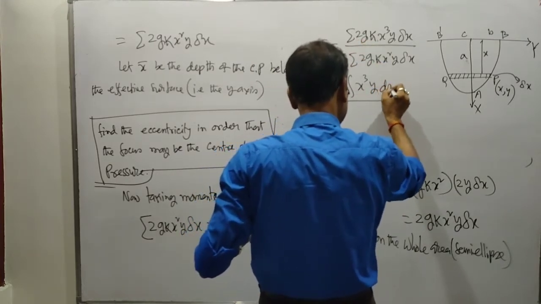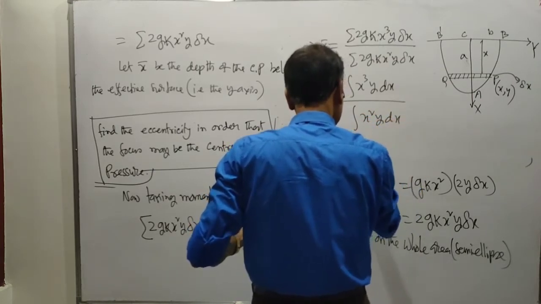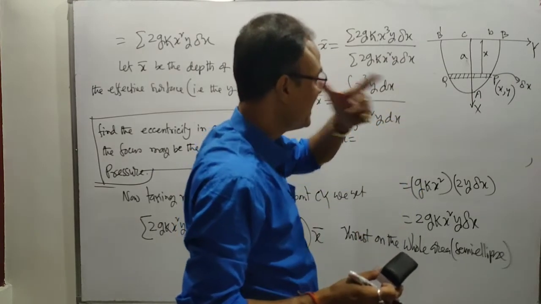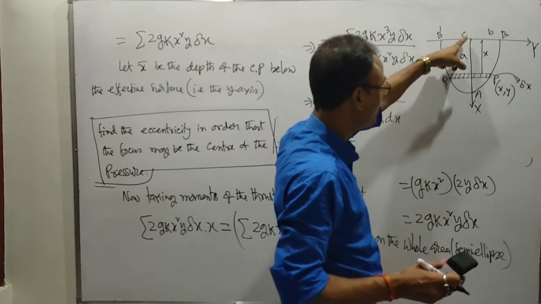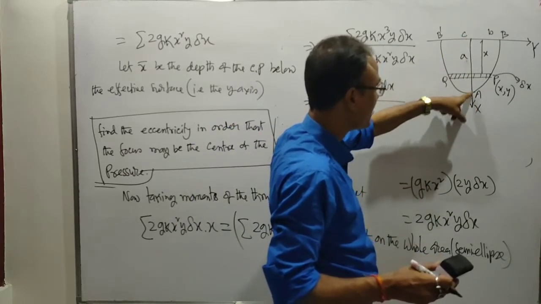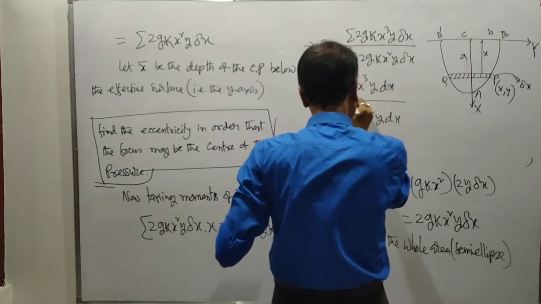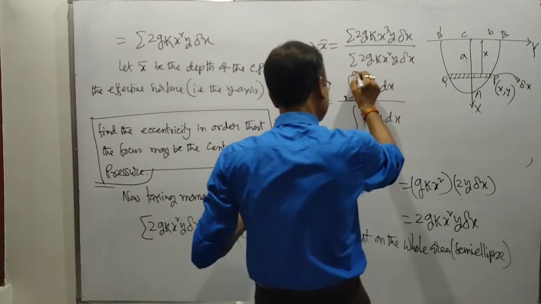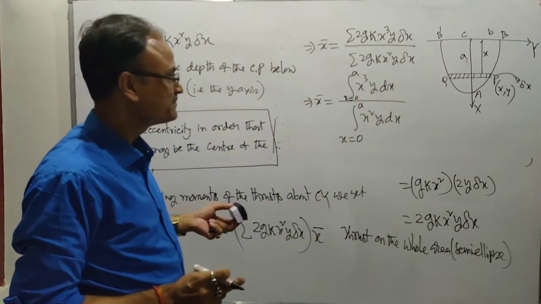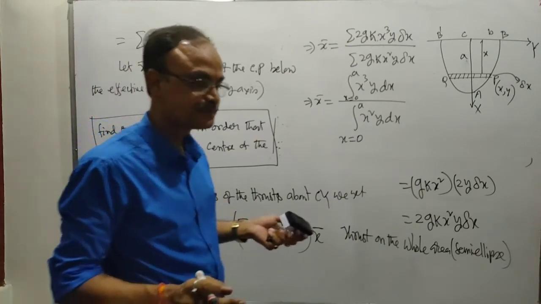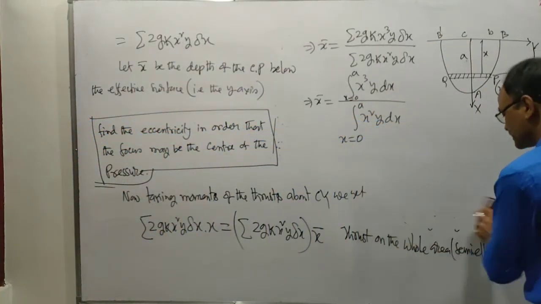It is x cube y dx over x square y dx. X varies from 0 to a. You are integrating with respect to x, and x varies from 0 to a. Now, x bar equal to this.